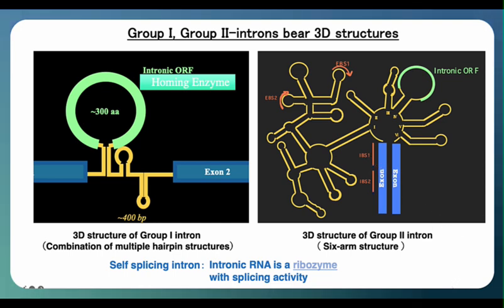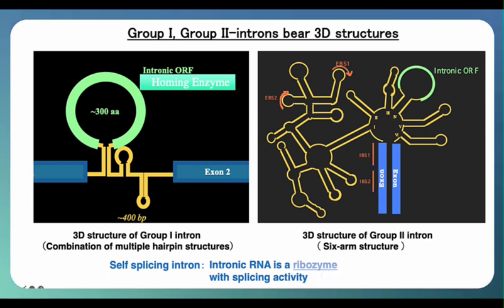A common feature of both Group I and Group II introns is that when properly folded, the RNA of these introns functions as an enzyme. While most enzymes are proteins, it has recently been discovered that RNA can also possess enzymatic activity. Such enzymatically active RNAs are called ribozymes.